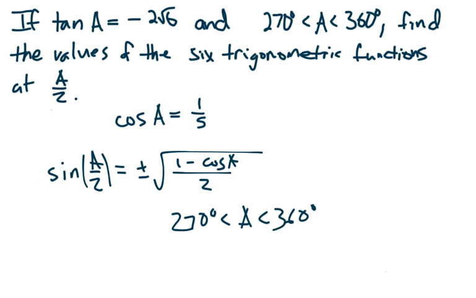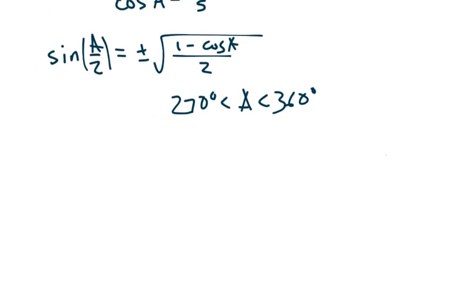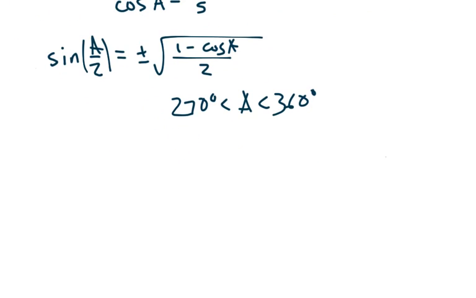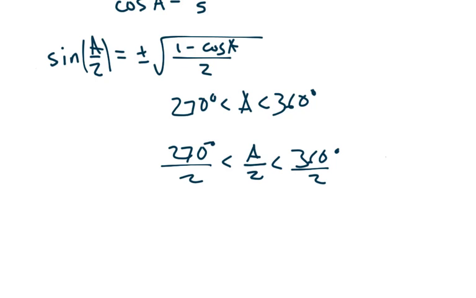What do I have to do to turn a into a over 2? I have to divide by 2. Right? So we're just going to divide everybody in this sentence by 2. 270 divided by 2 is less than a over 2, which is less than 360 divided by 2. Simplify that, and we find that a over 2 has to be in the 2nd quadrant.